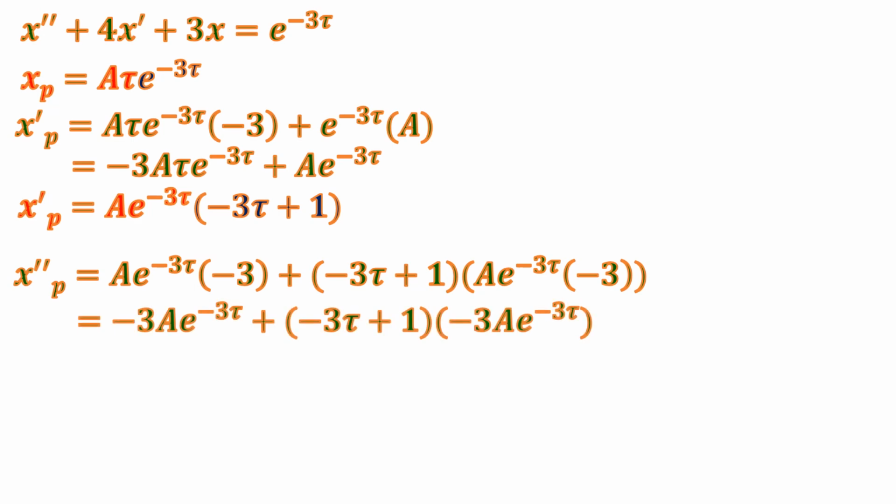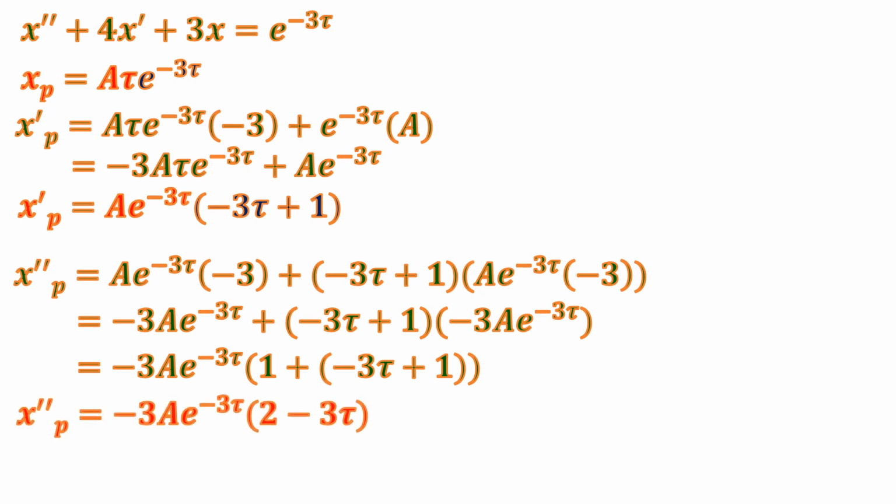Then simplify it. We put the negative 3 at the side, and also for the second term. And then we take out negative 3ae to the negative 3t because it is common to both terms. So what's left is 1 plus negative 3t plus 1. And then we combine 1 plus 1 is 2, so it becomes 2 minus 3t. So this is now the second derivative of the xp.